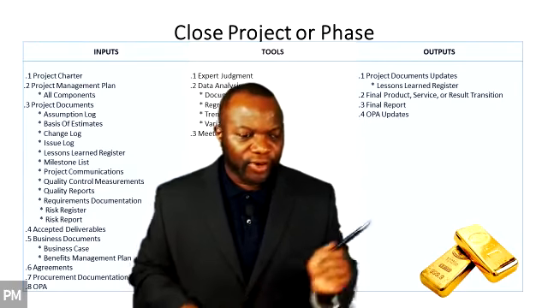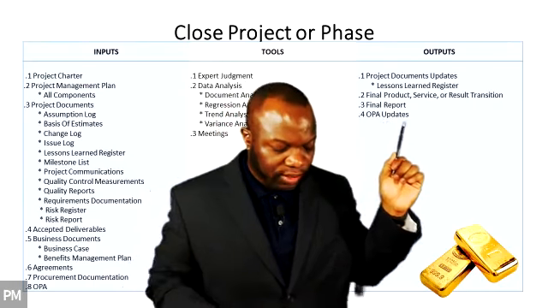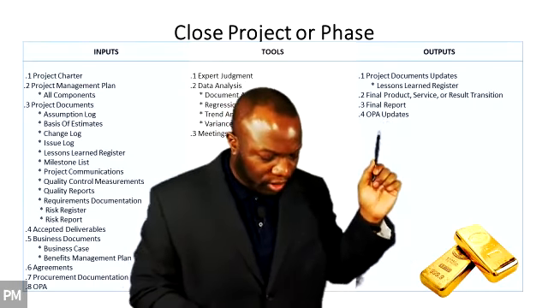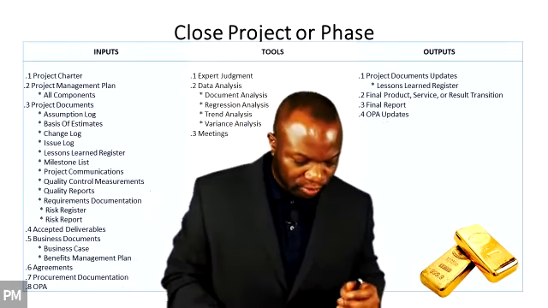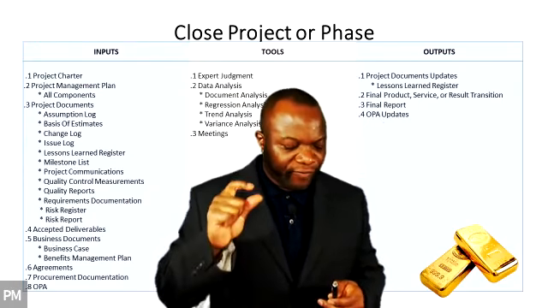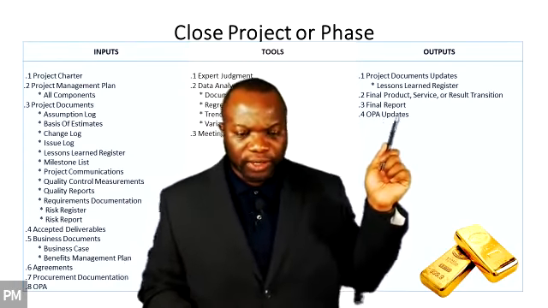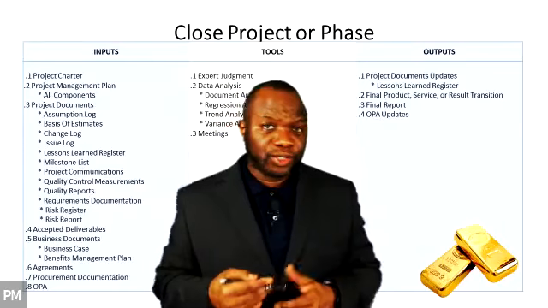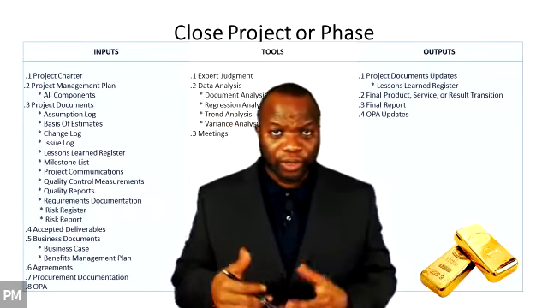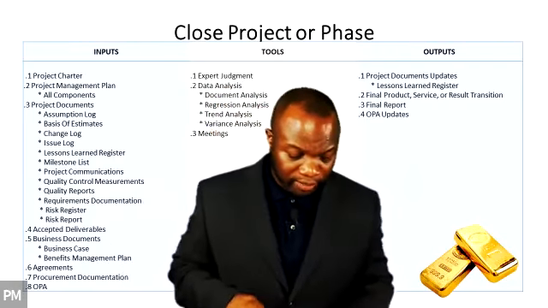It is right here as an OPA update. This is talked about on page 128. So if you go to page 128 with me, the very last thing mentioned in integration is under OPA updates, and it's the lessons learned repository. Okay? Got to keep that in mind.